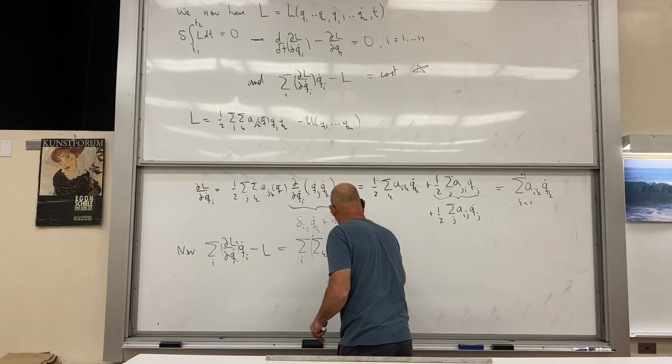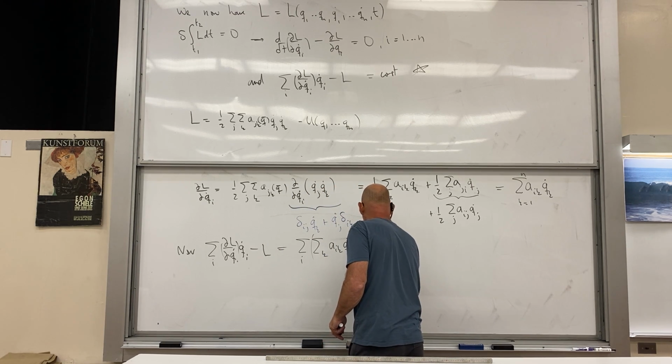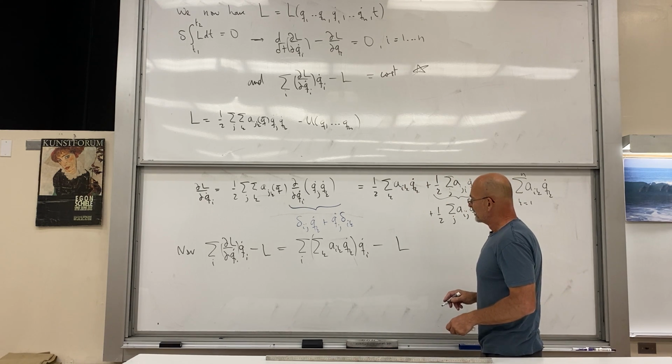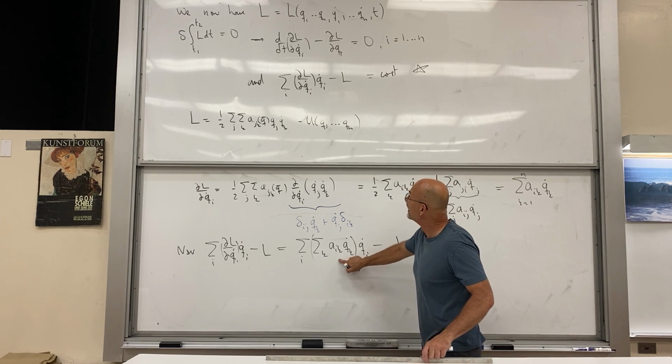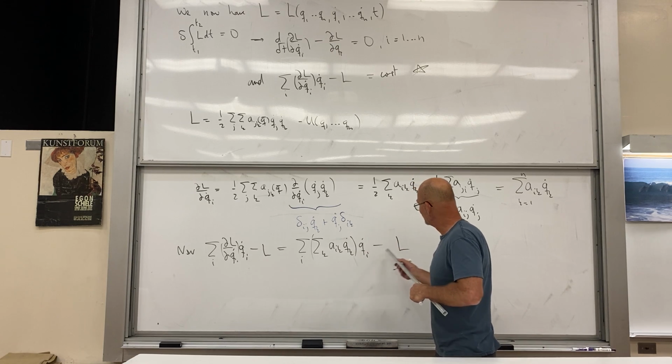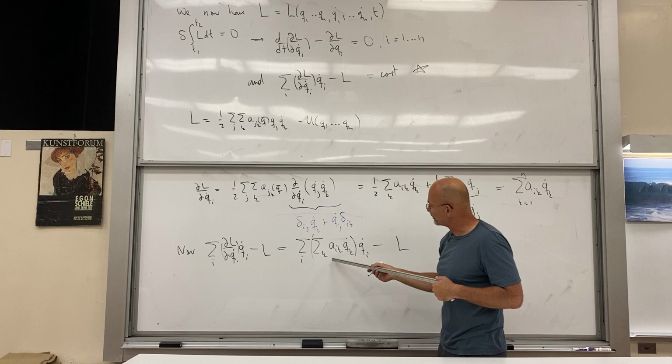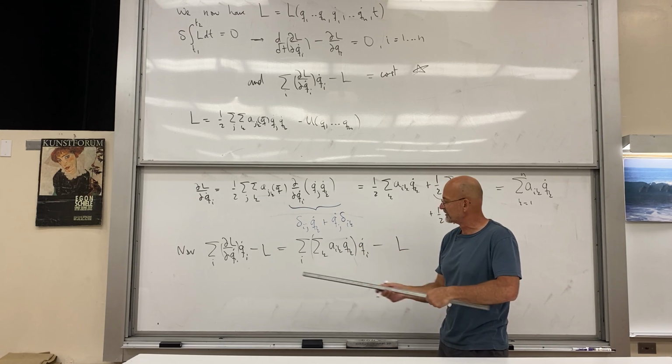I'll even put parentheses around it, q_i dot, minus L. But this is 2 times the kinetic energy. Right? It's the same expression except it doesn't have the 1/2 in front of it.